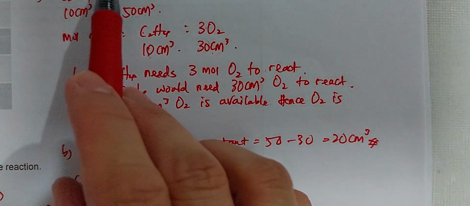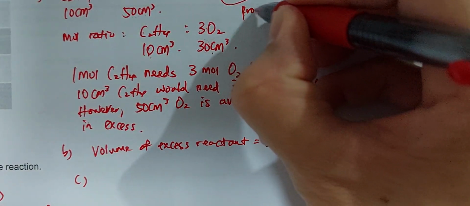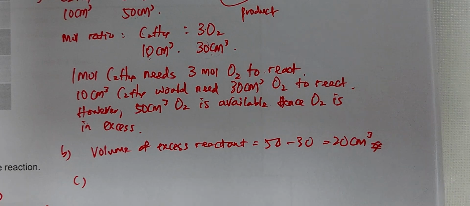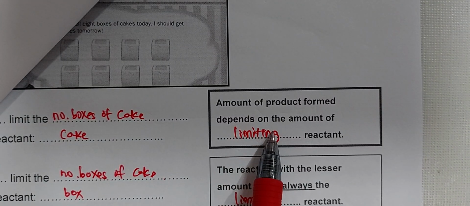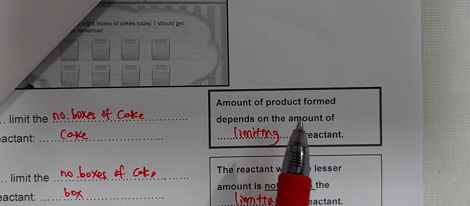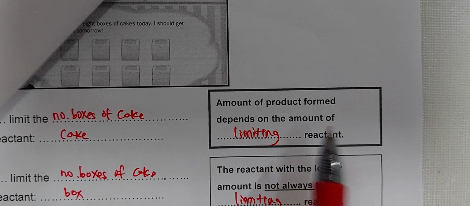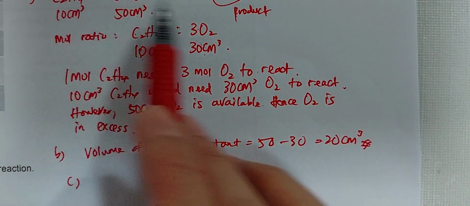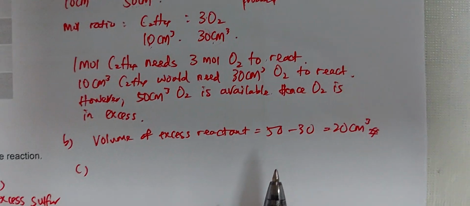Okay, then for part C, calculate the volume of carbon dioxide produced. Carbon dioxide is a product. Remember, the amount of product depends on the amount of limiting reactant, which means you have to compare the mole ratio of the limiting reactant and the product. So in this case, the limiting reactant is C2H4, so you have to look at the mole ratio of this and this.